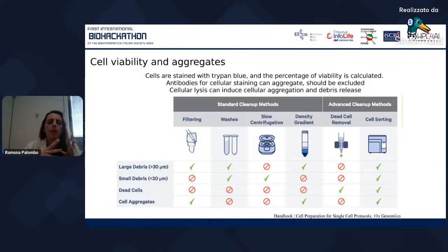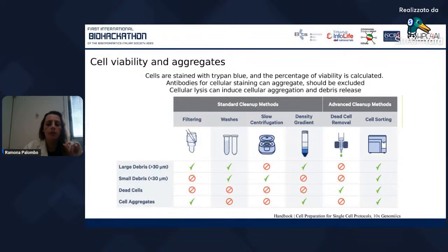And so there are different kinds of cleanup methods that I can exploit. Maybe filtering is the first one. It can allow me to eliminate large debris and also cell aggregates, but I can do it also by density gradient. Density gradients allow me also to obtain specific cell types.